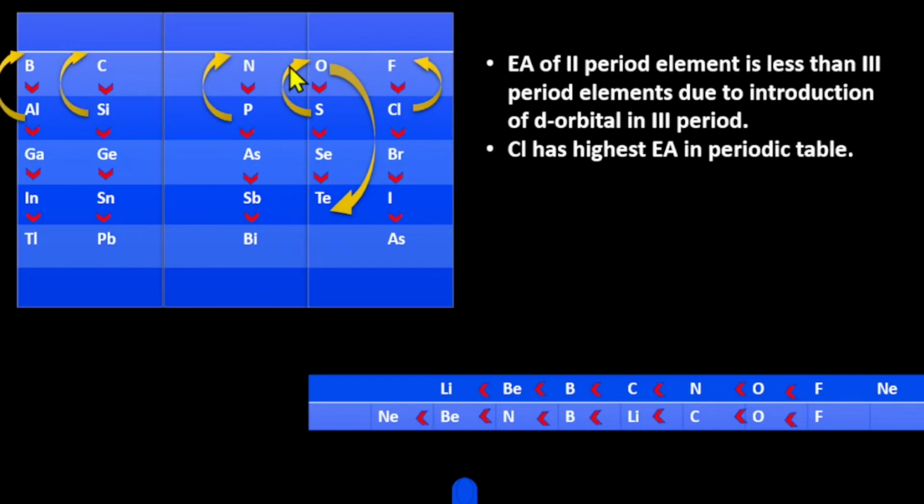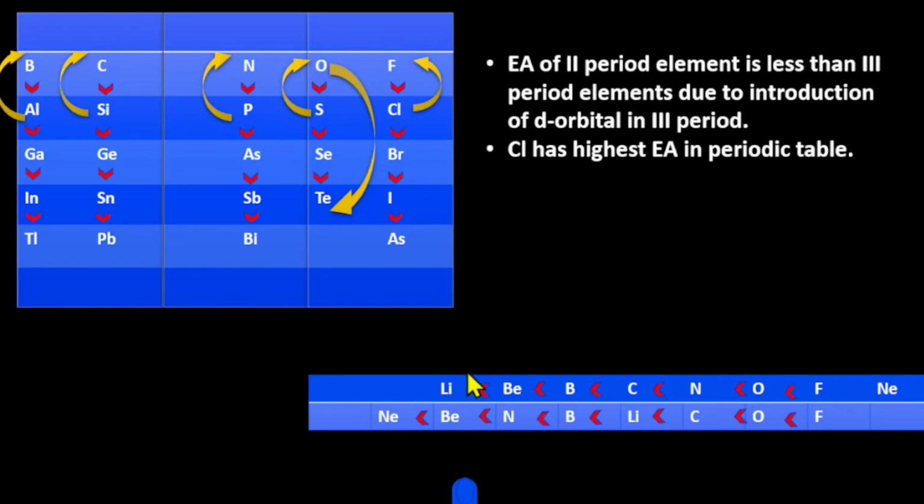So when we come from here to here, electron affinity will increase, and from here to here also electron affinity increases. So this topmost element, chlorine, when it comes here, it will be the most electron affinity element.